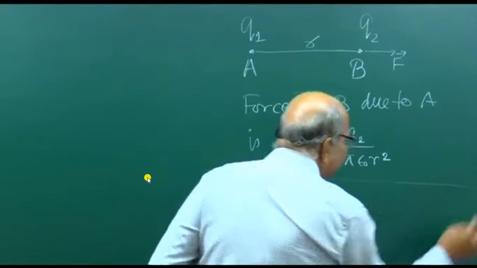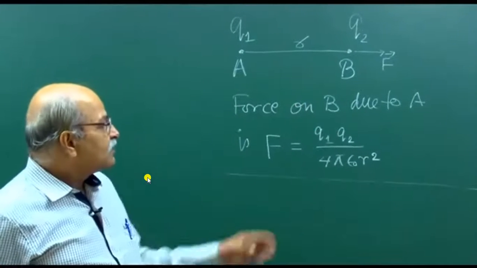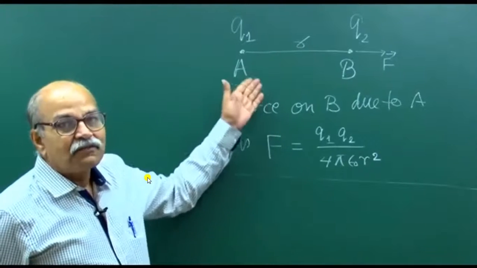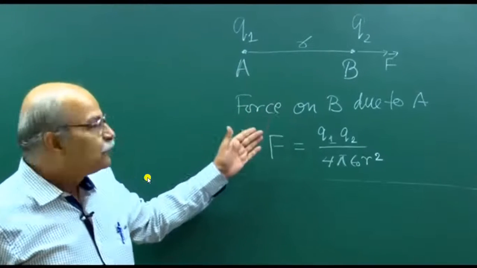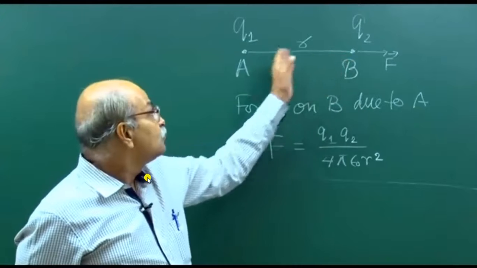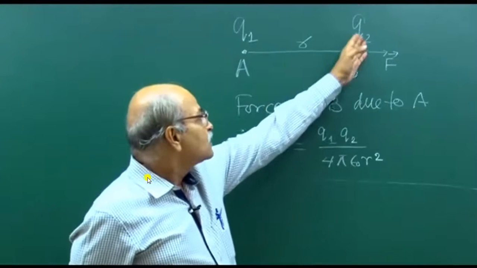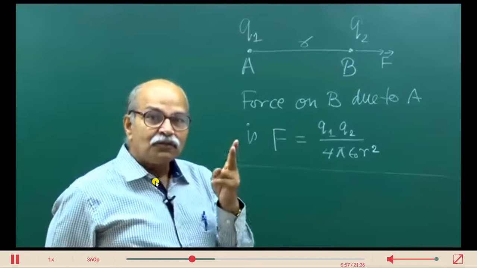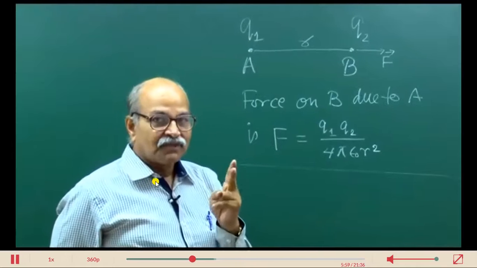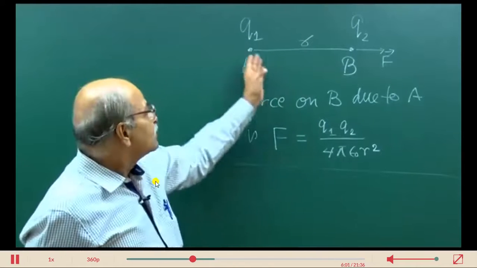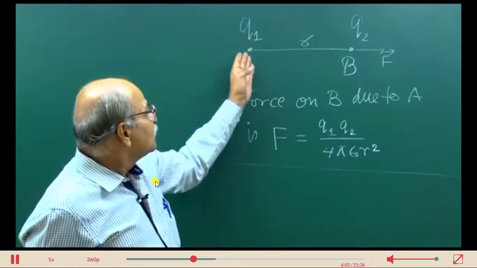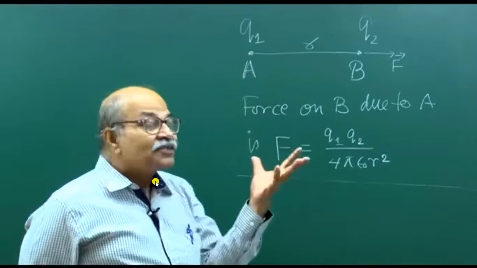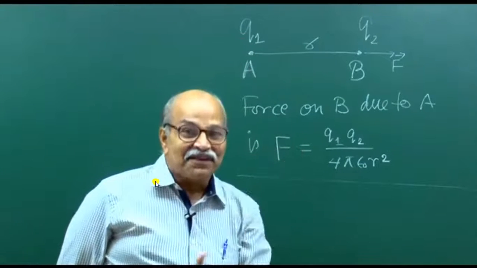All right. What I want to emphasize is that this is essentially a two-step process: the force on B due to A, the force on this charge due to this charge. The first step is that this charge Q1 produces something called electric field.